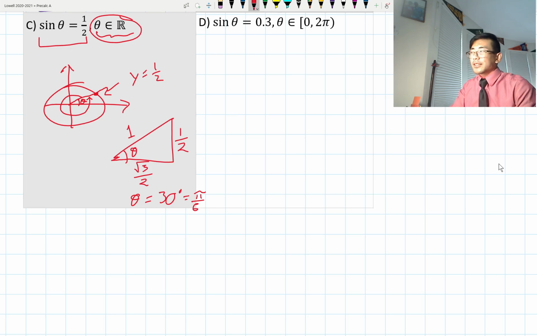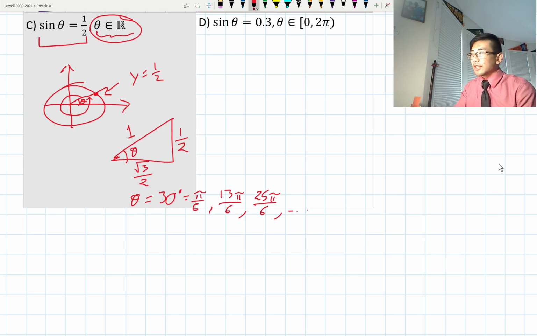And so how could I say this? Well, pi/6 plus another 2 pi would be 13 pi/6, and then plus another 2 pi would be 25 pi/6. There's no possible way we could write these all out, right?